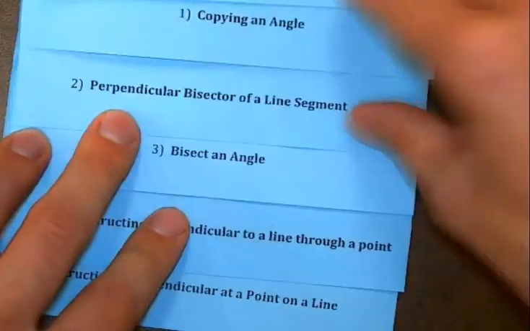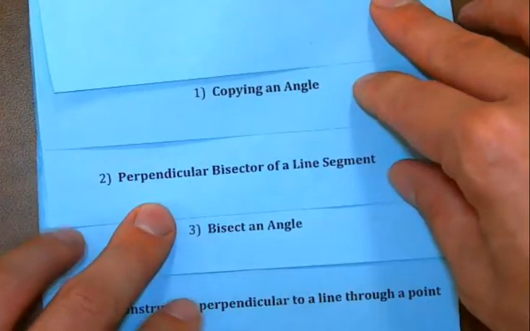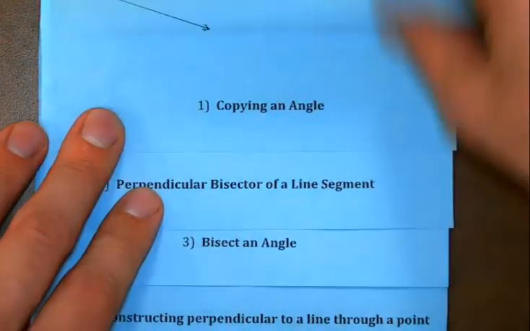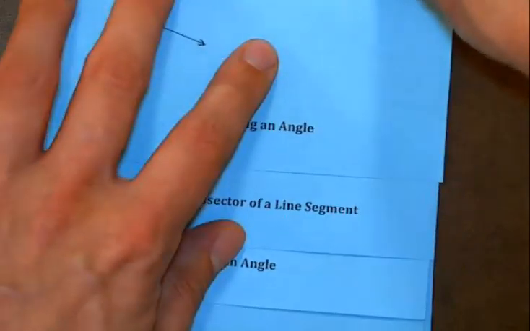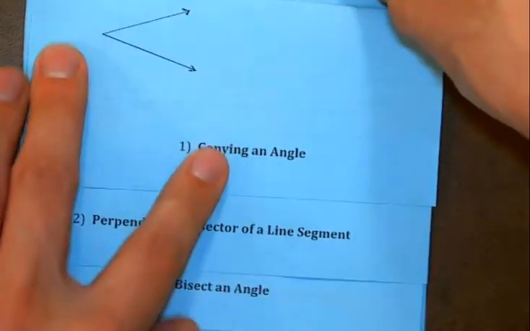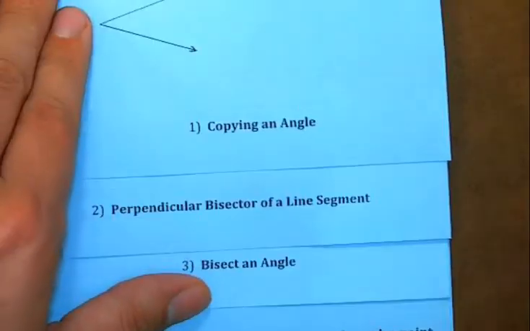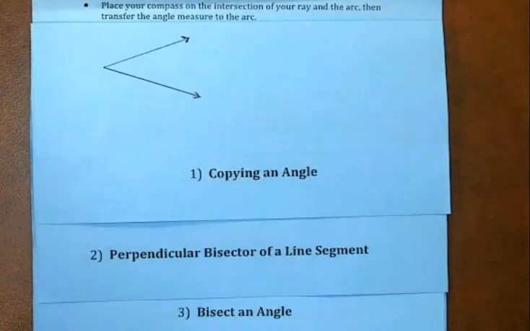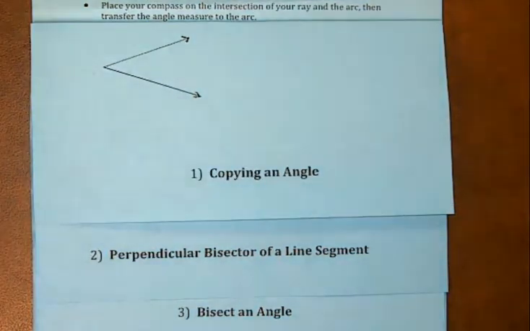Okay. So this is your foldable. And we are going to be focused right now on constructing an angle, or copying an angle. Okay? So, before we get started on this, I want you guys to practice using the compass.